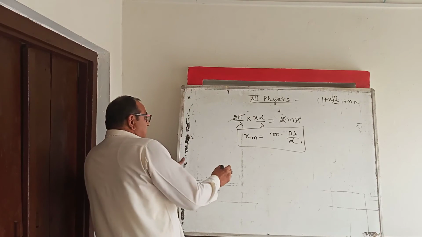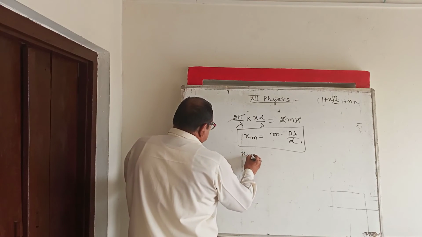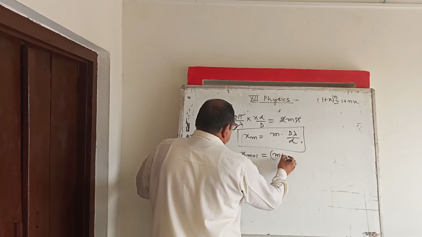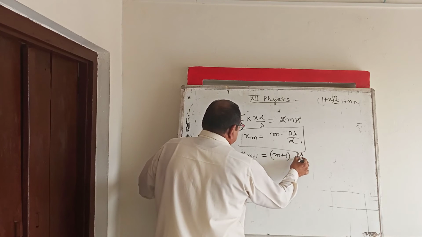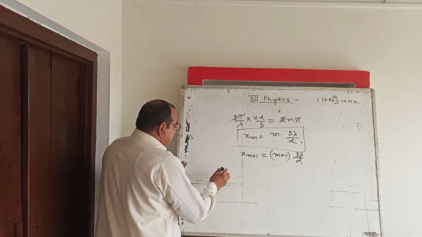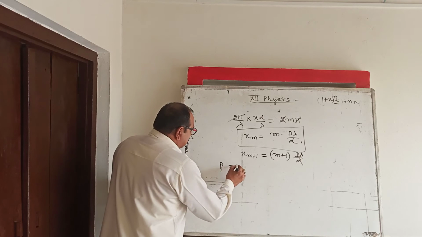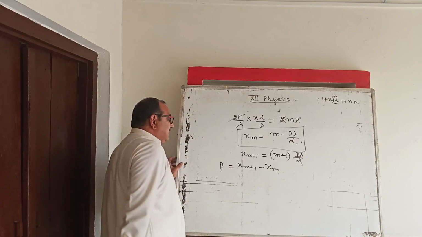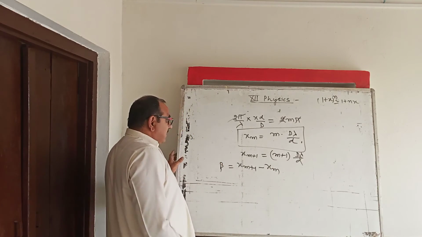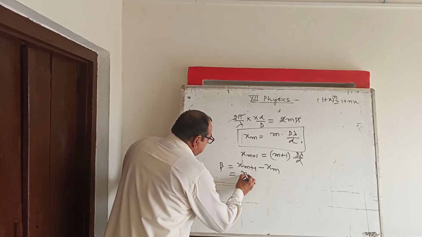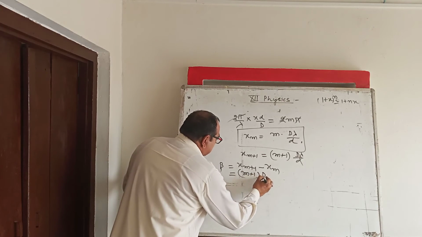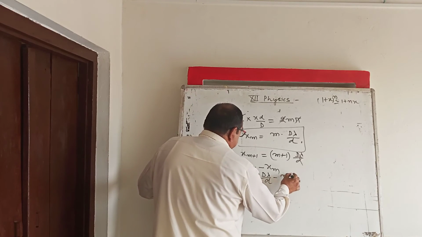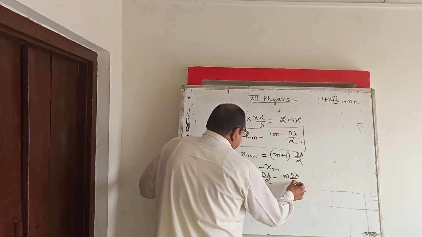Now the distance of the (m plus 1)th fringe, xm plus 1, equal to (m plus 1) d lambda upon d. Now the fringe width, that is the distance between two consecutive bright fringes: put the value (m plus 1) d lambda upon d minus m d lambda upon d.